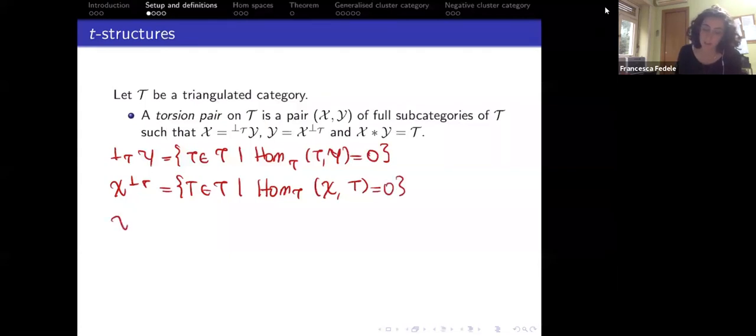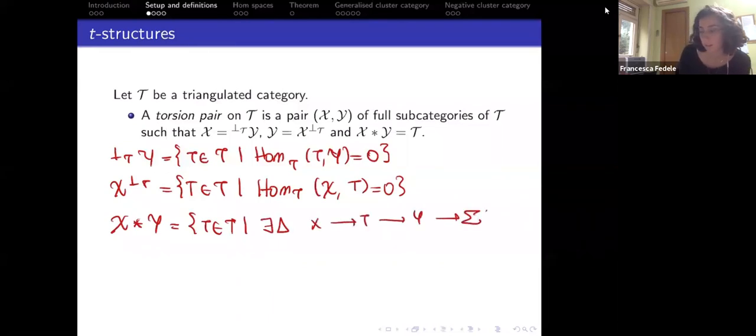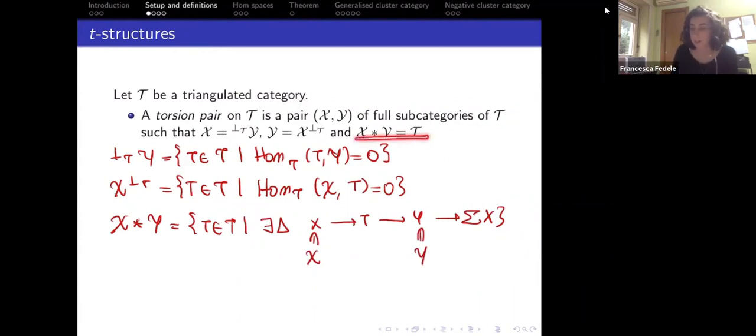And then this star product is the set of objects in T such that there is a triangle in T of the form X to T to Y, where the first object is in the subcategory X and the third one is in the subcategory Y. So basically this condition on X star Y being equal to T means that any object in T fits in such a triangle.